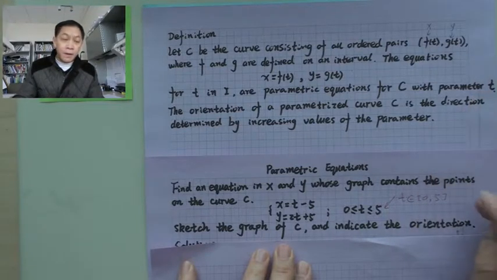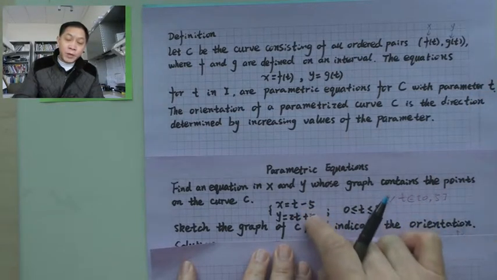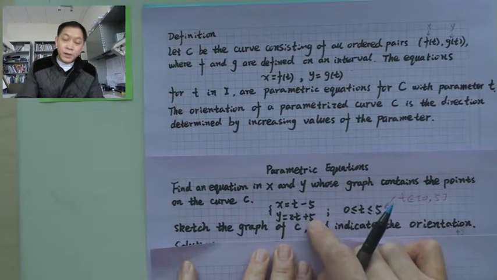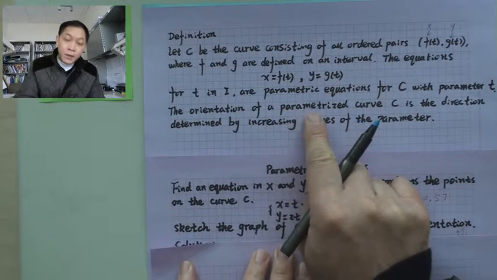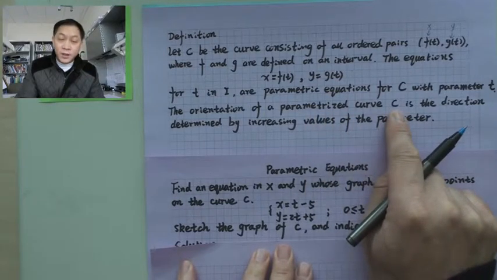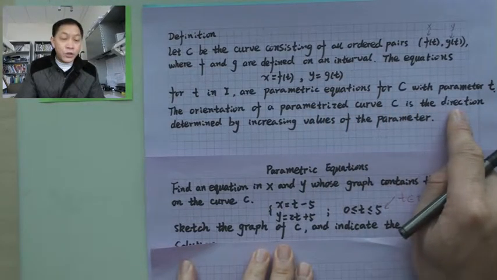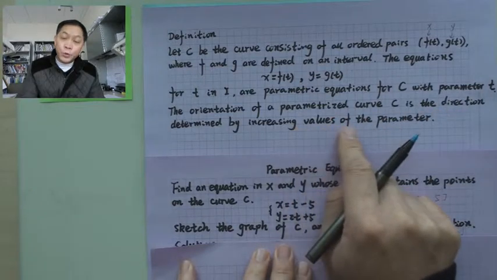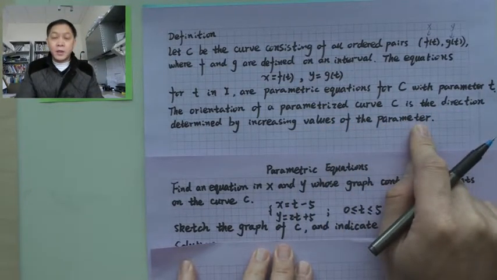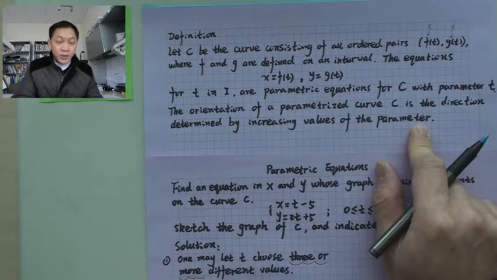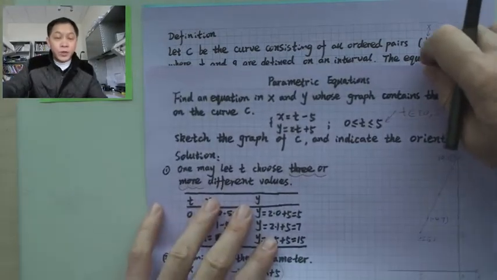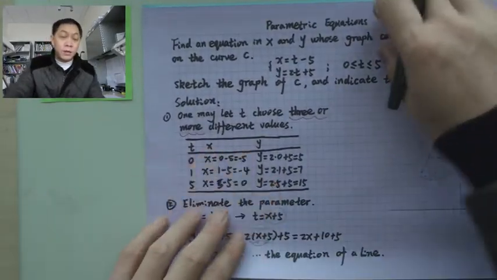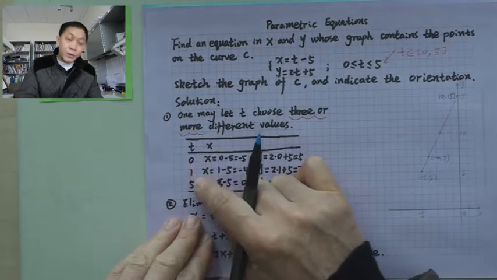Now we know those two are parametric equations. And then the orientation of a parametrized curve C is the direction determined by increasing values of the parameter. So when you choose values of t, make sure you choose from the smaller value to the bigger value.